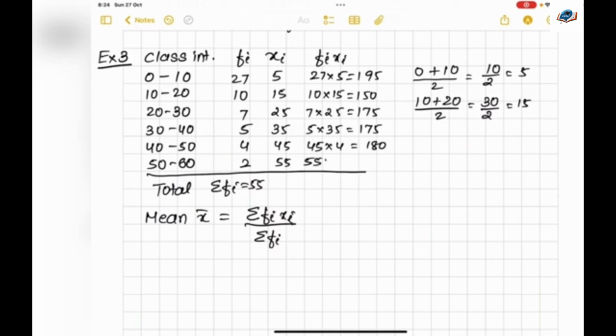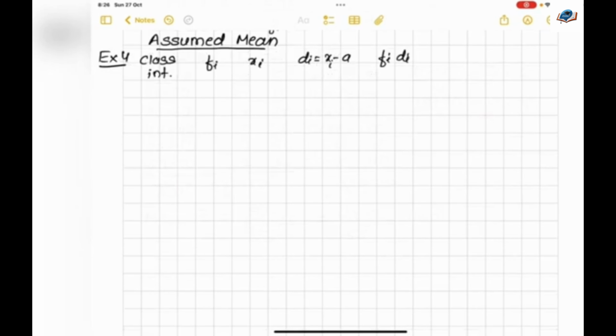So this sum, that is sigma fi xi, will be coming as 925. So my mean x bar will be summation of fi xi upon summation of fi. So that will come as 925 by 55, which is 16.8.